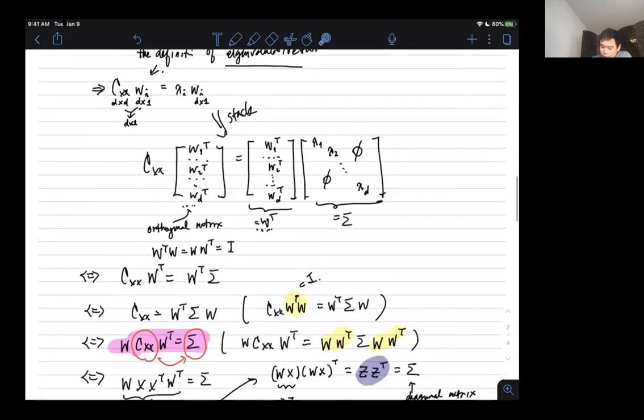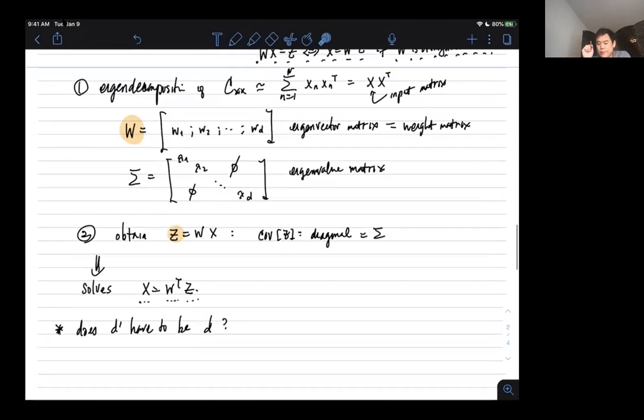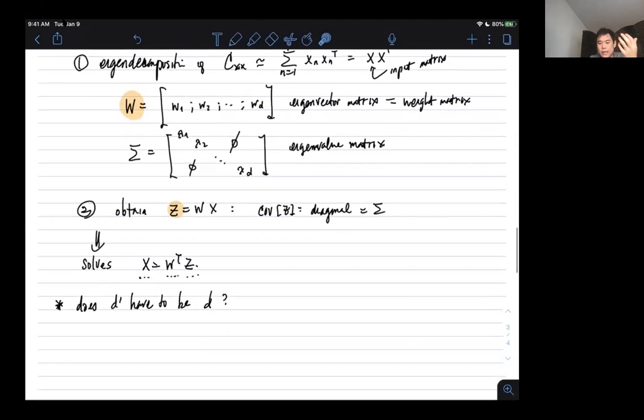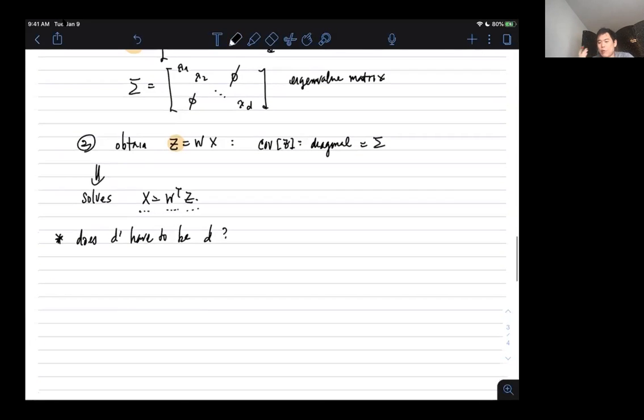Now with the PCA, if we set D prime to be D, what we end up with is a solution that solves this problem of matrix factorization exactly. Assuming that the covariance of the X is full rank, that is, it is invertible, then we can solve this problem exactly by solving this eigen decomposition of the covariance of X. However, often that's not what we want.